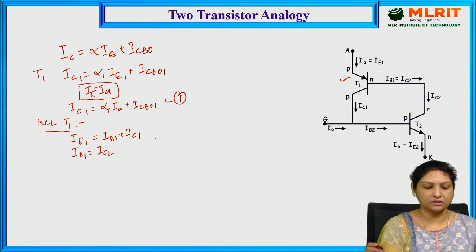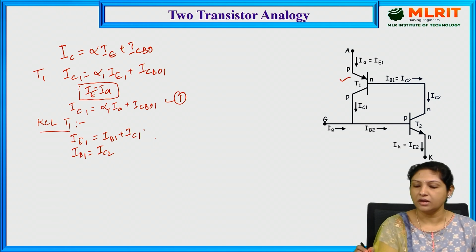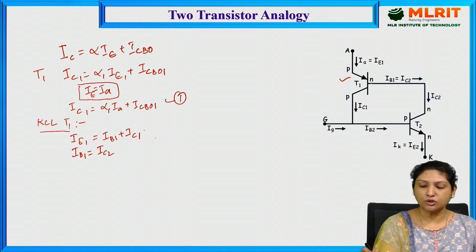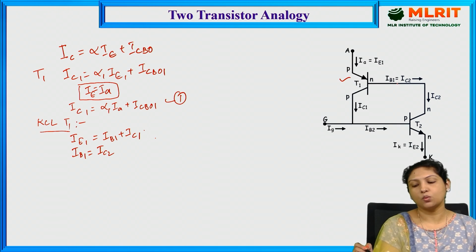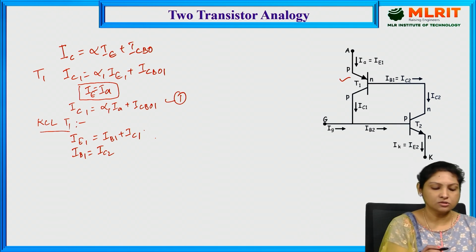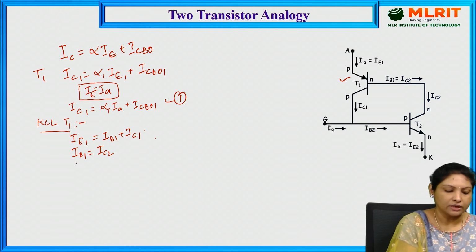As far as the first equation is concerned, the emitter current of transistor 1 is equal to the summation of the base current of transistor 1 and the collector current of transistor 1. So that is how we have got these two equations. Let me substitute this in the above equation.